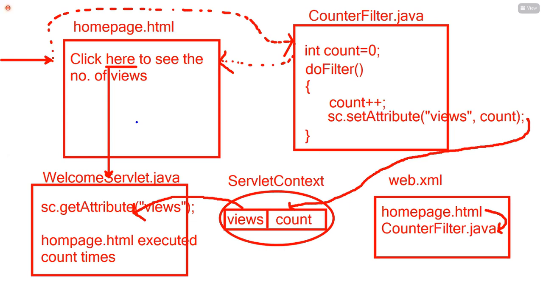Counter filter is executed first. But first the request comes to homepage.html, and that control is diverted to counter filter. After counter filter, which one is executed? Homepage.html. Whenever you click the hyperlink, then the servlet is executed. Got it? Write this diagram.